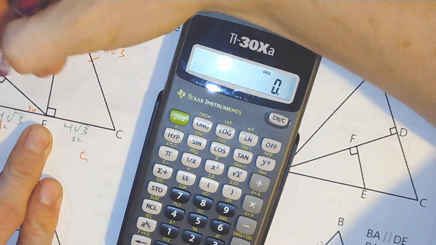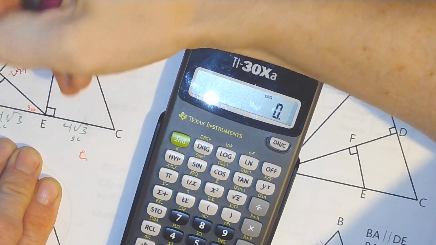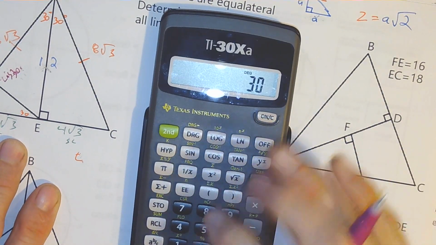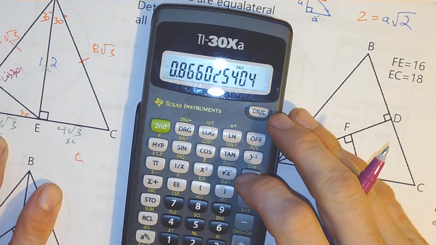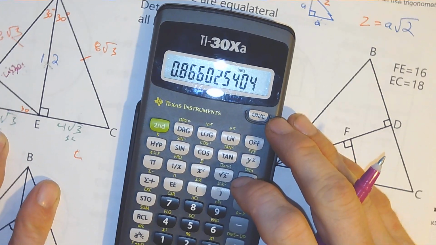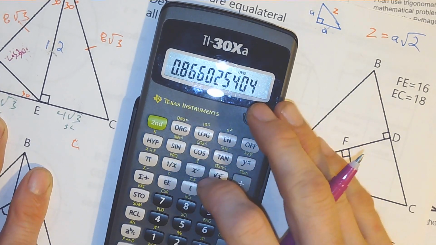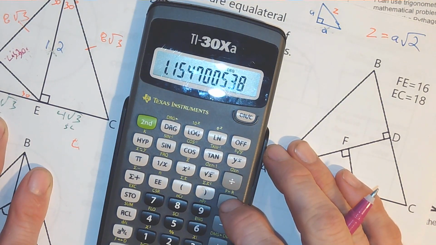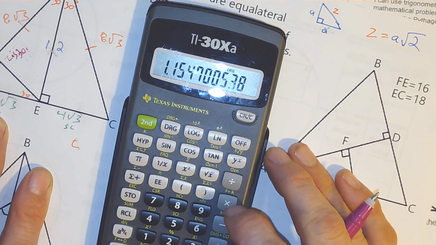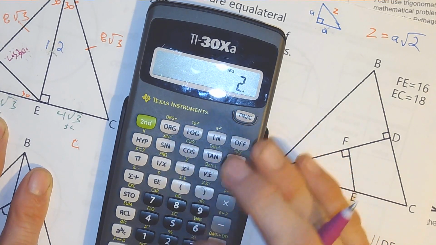I need cosine of 30. Cosine of 30. And then invert that and multiply it by 2 times square root of 3.